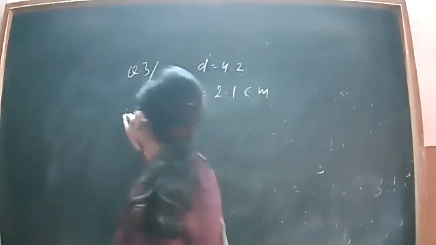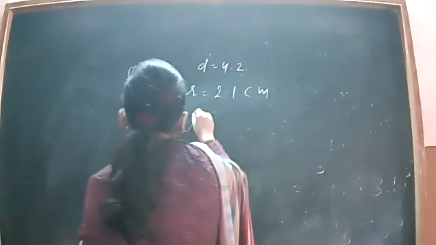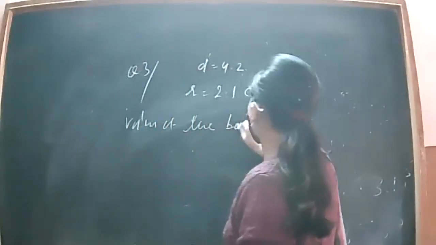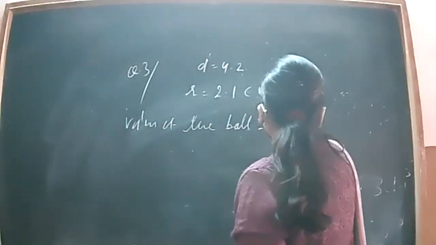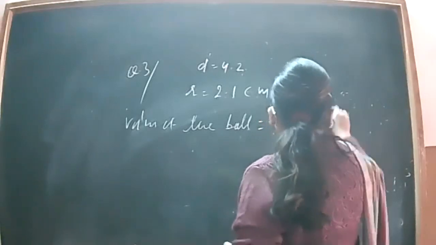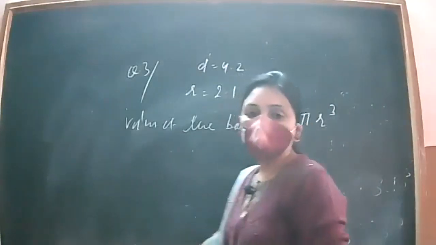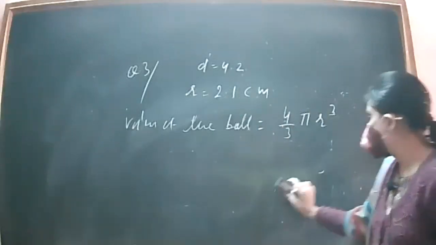So let us find the volume of the ball. This is equal to 4 by 3 pi r cube. Volume of the ball is equal to 4 by 3 pi r cube.